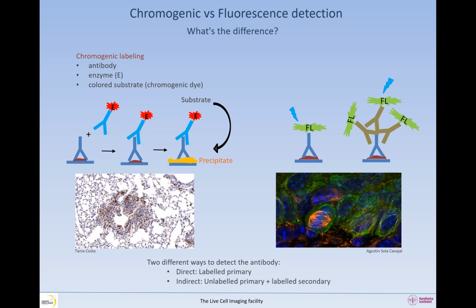But regardless of the detection method you use, chromogenic or fluorescence, one can either, as I said, directly label the primary antibody, or use indirect detection by labeling the secondary antibody.